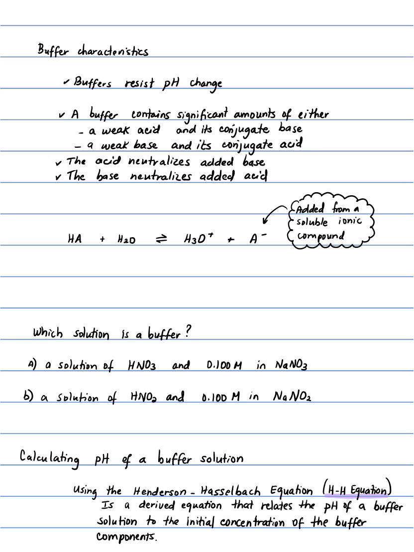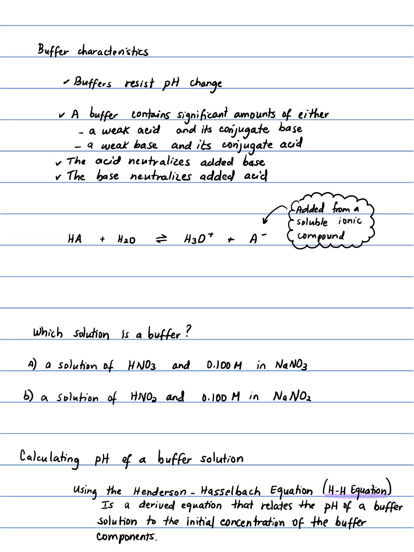Now, there are several properties of buffer solutions. So the first one, of course, is that they can resist pH changes. Okay? So a buffer solution will help to maintain a pH approximately constant or with minor changes. Depending on which type you have, if it's a basic buffer or acidic buffer, if you have an acidic buffer, you have a weak acid and a conjugate base.